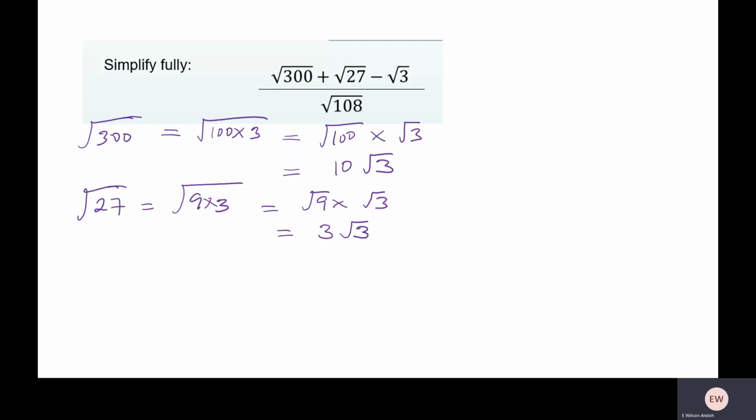We can simplify root 108, so we pick 108, and this is 36 times 3. 36 is a square number and it's a factor of 108. So we get root 36 times root 3, and root 36 is equal to 6. So we get 6 root 3.